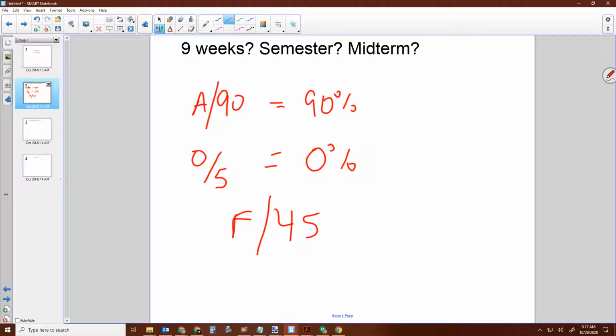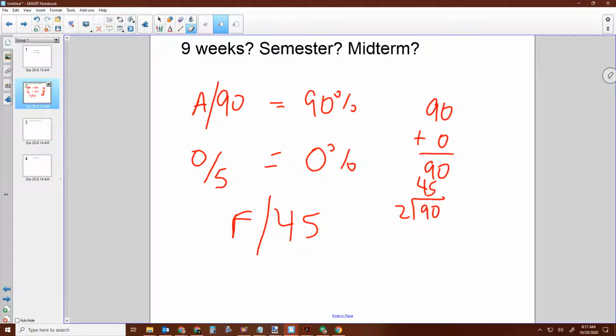Well, you see, the average of these two scores, 90 plus 0 divided by 2, is a 45. That's because you currently have a 0 for the second 9 weeks because of that assignment that you didn't turn in. Had you turned that assignment in and made a 100 on it, for instance, then you would have seen some different math occur over here on the right.